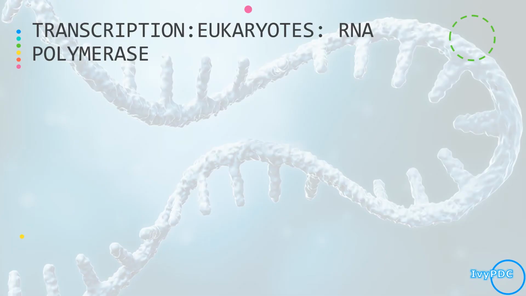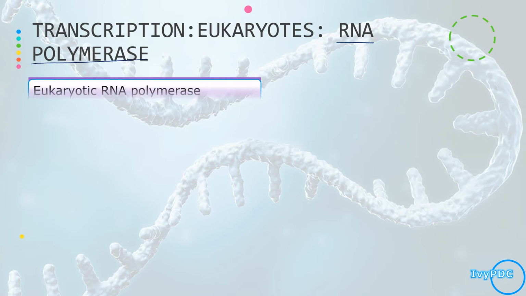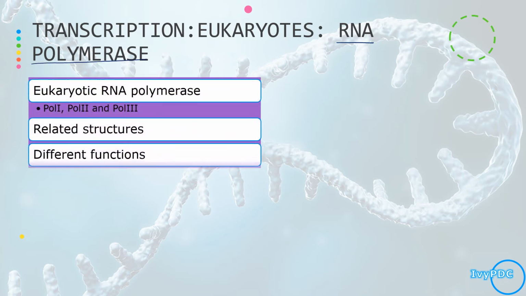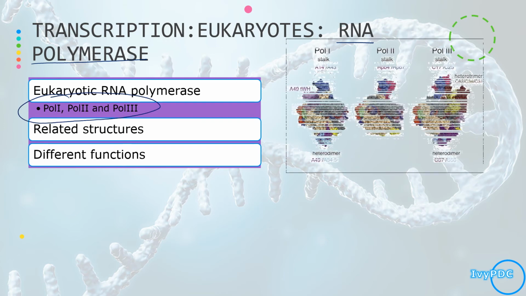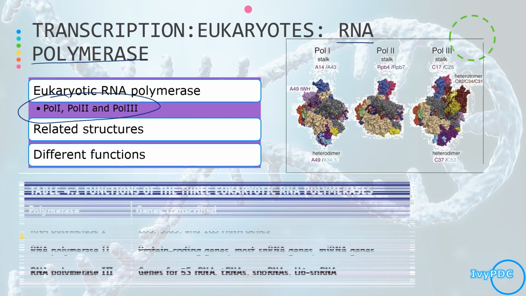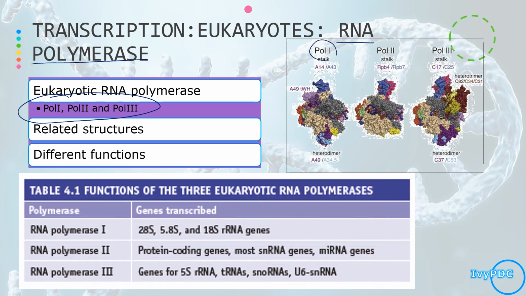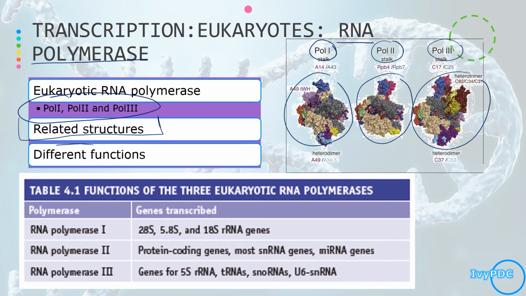The difference between the RNA polymerase used in eukaryotes and in bacteria is that eukaryotes have three types of RNA polymerase, as bacteria only have one. The three types are polymerase 1, Pol 2, and Pol 3. Now, although these three are related in their structure, as they somehow look the same, they have very different functions.